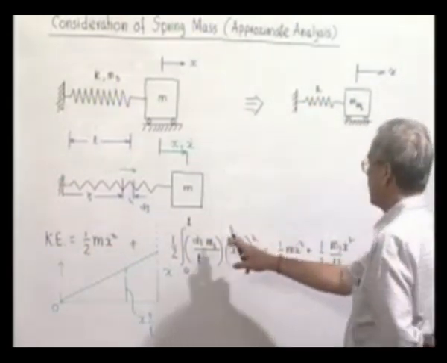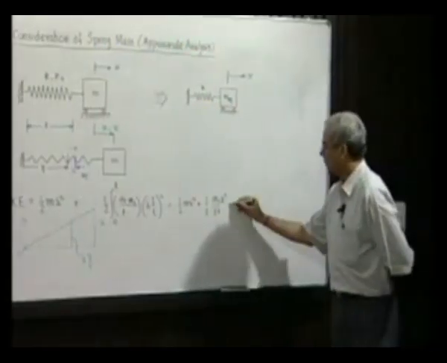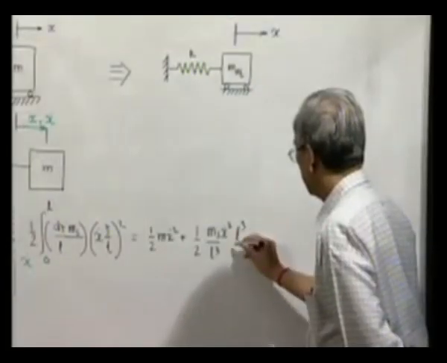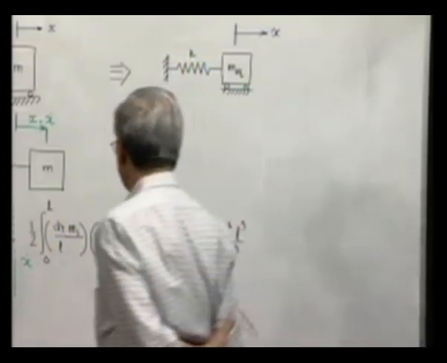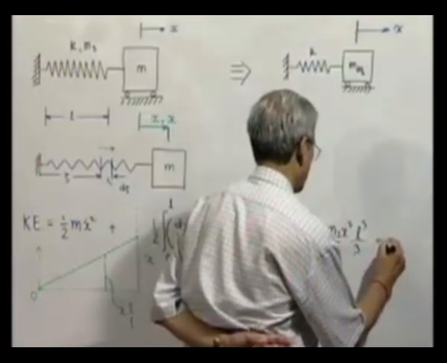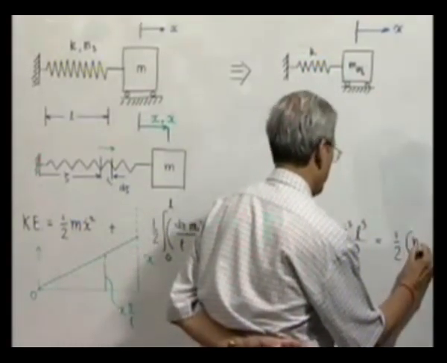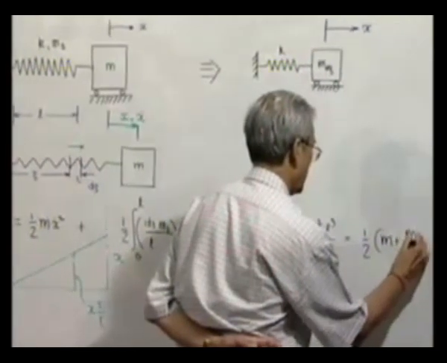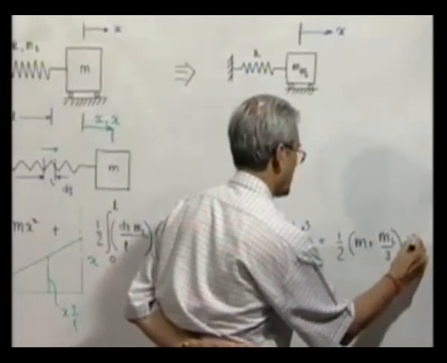Now, zeta square d zeta integration is zeta cube by 3, and putting the limits, you get this, which is same as half m plus ms by 3 into x dot square.